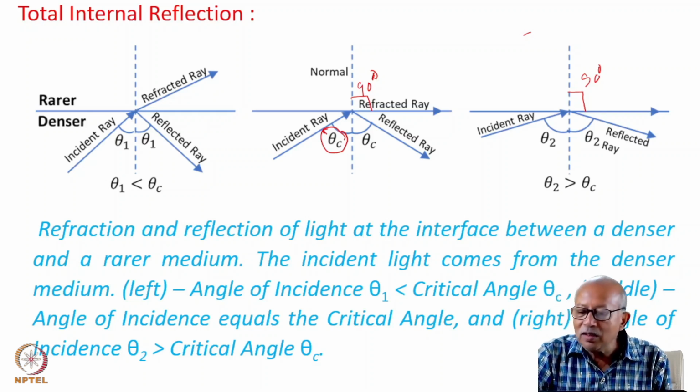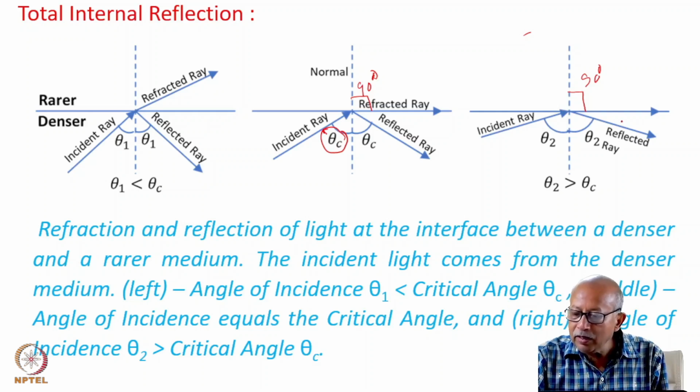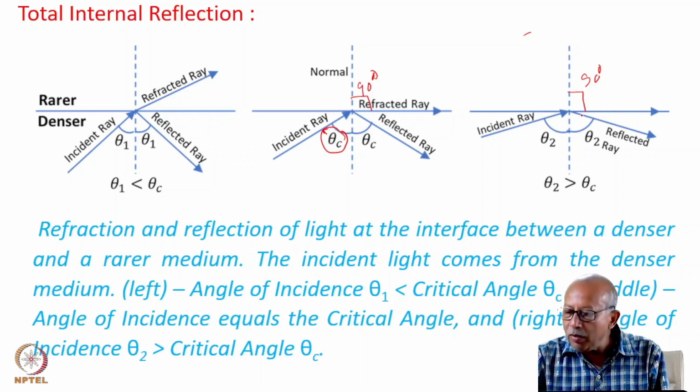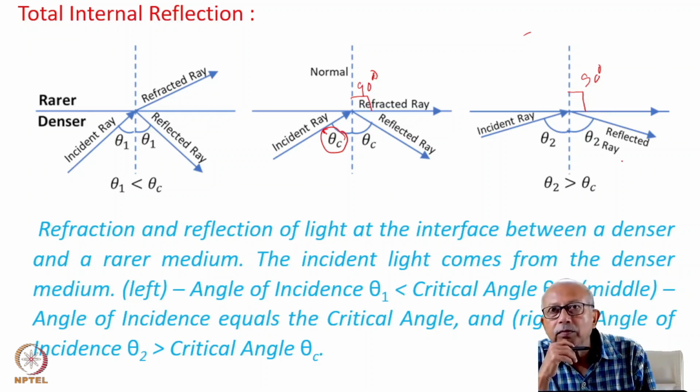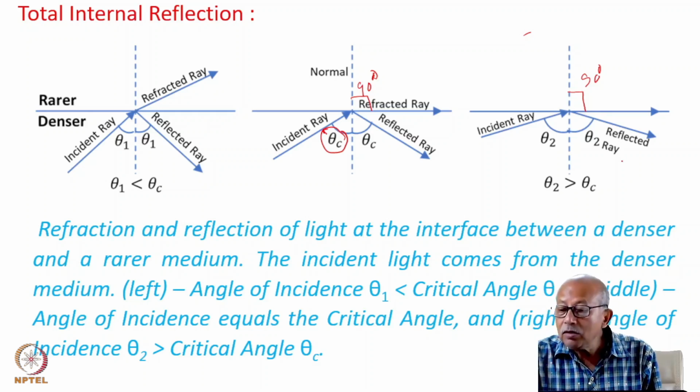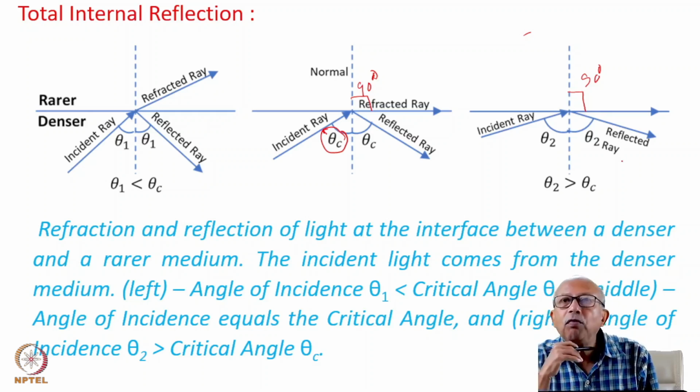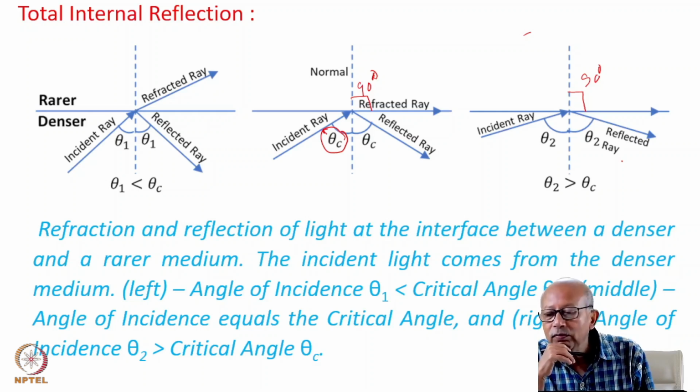So if we increase the angle of incidence beyond the critical angle, the entire light will have to return back to the incident medium, as there is no scope of further refraction of light.